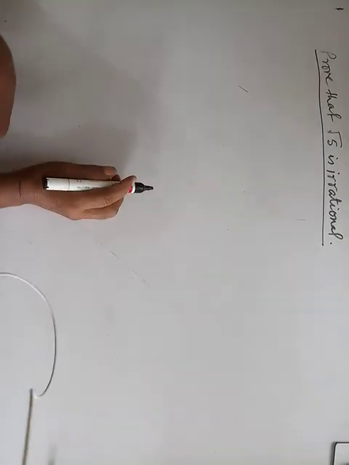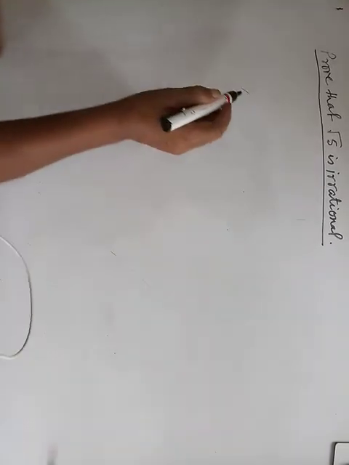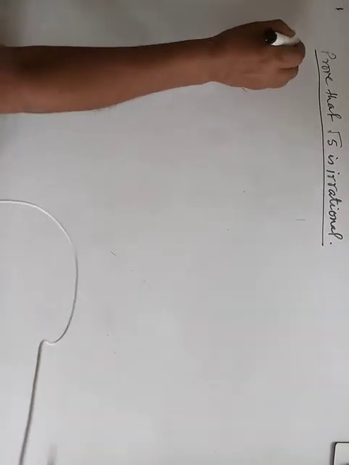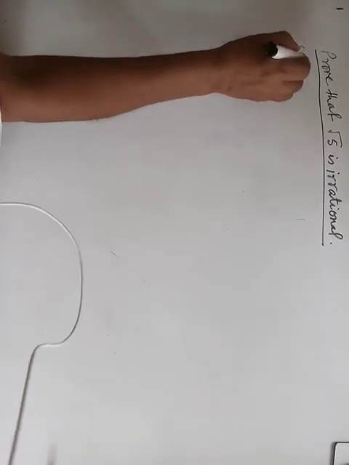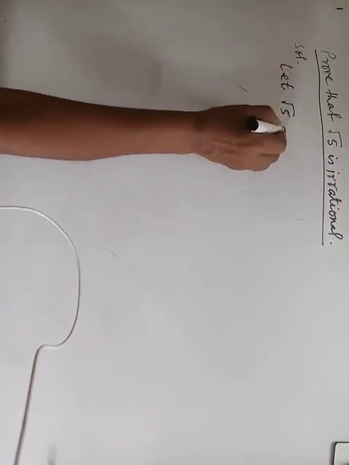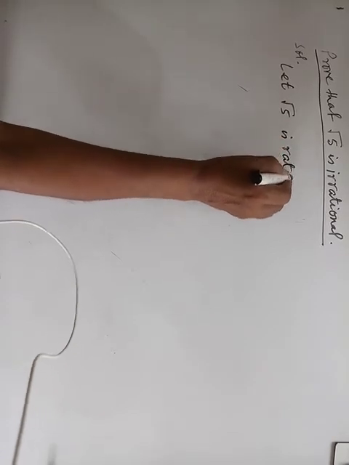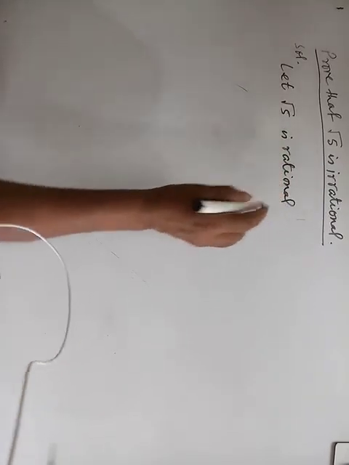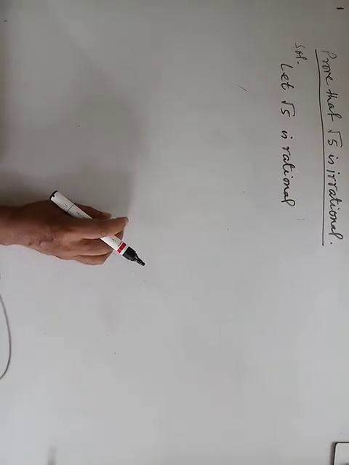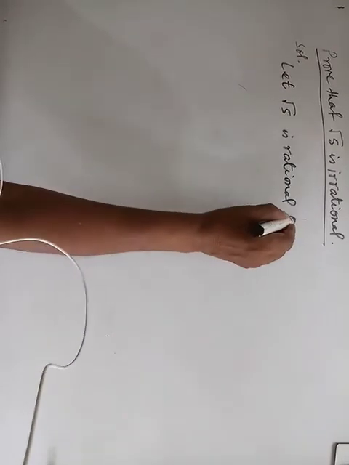Now let us prove that root 5 is irrational. Solution: let root 5 be rational. We have to prove that it is irrational, but let it be rational.